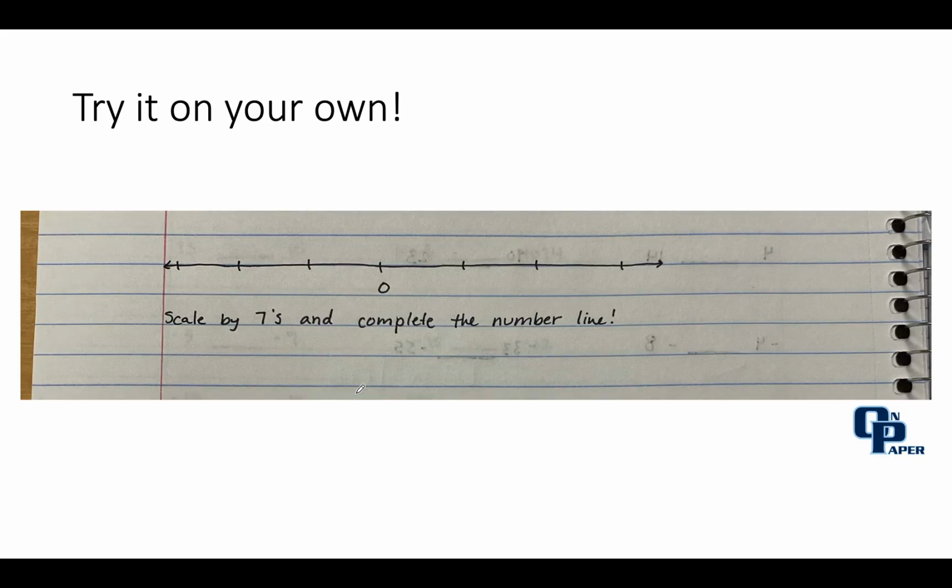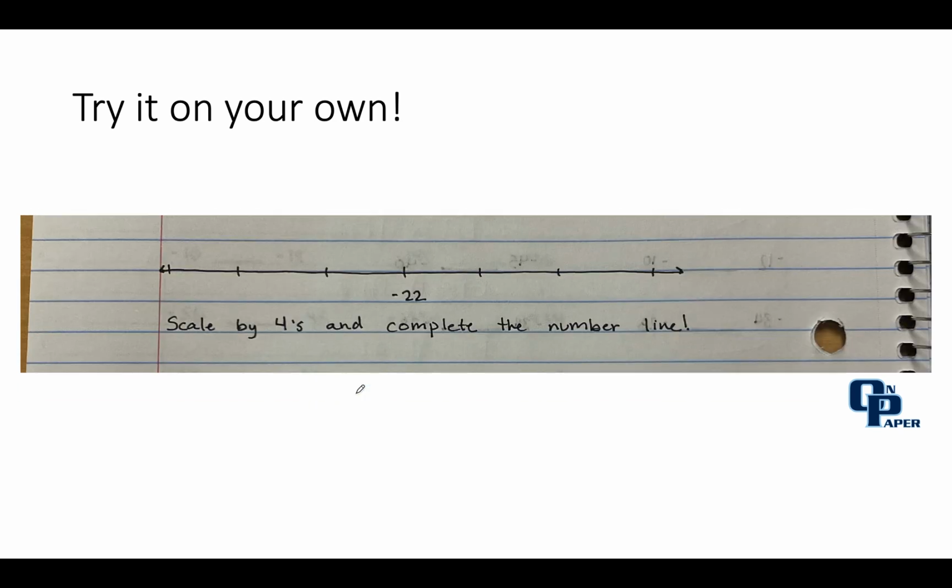Here's your second try it on your own problem. It says scale by sevens and complete the number line. Again, pause this video now and complete the try it on your own problem. Your next try it on your own says scale by fours and complete the number line.